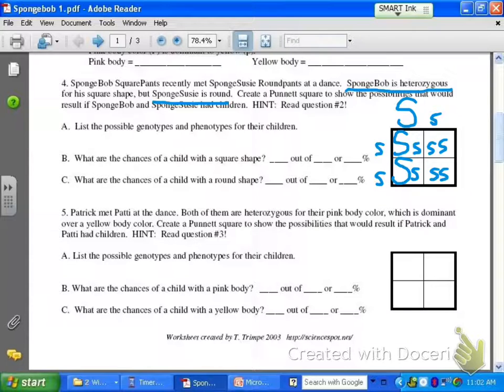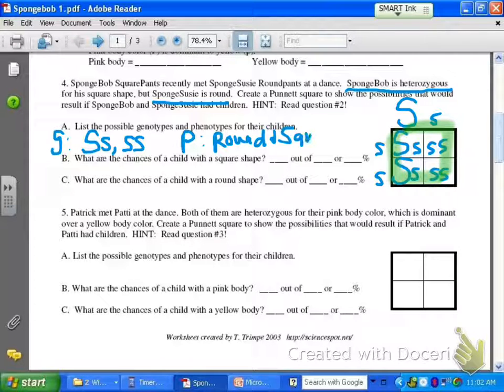For part A, what are the possible genotypes in my box? Michael? Capital S, lowercase s, and 2 lowercase s's. Good. And what about my phenotype? Notice, to save space, I'm just putting P. What are my possible phenotypes, Michael? Round and square.